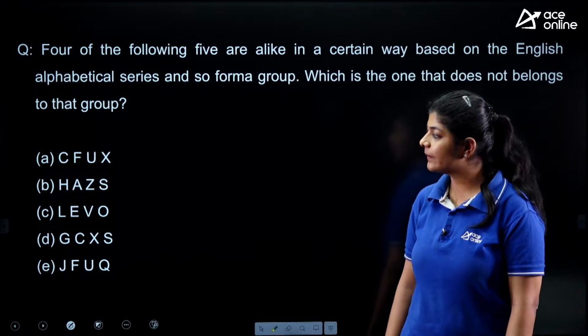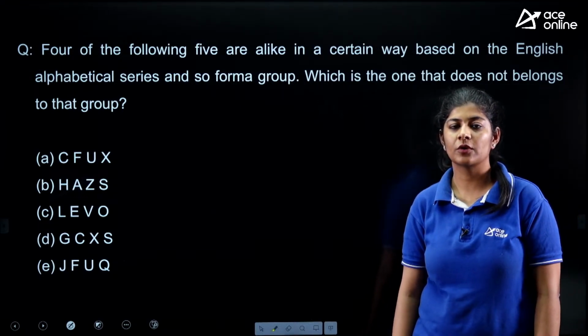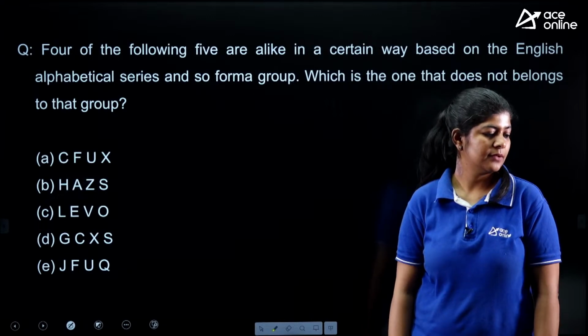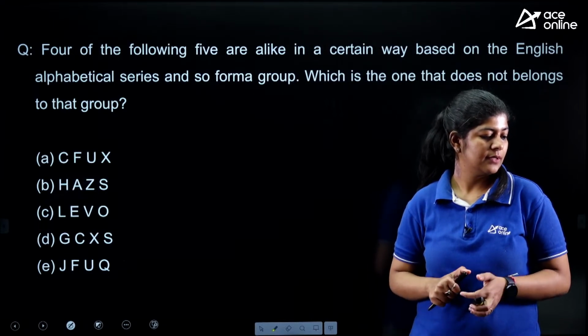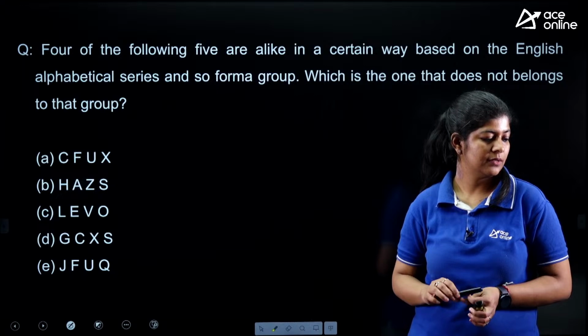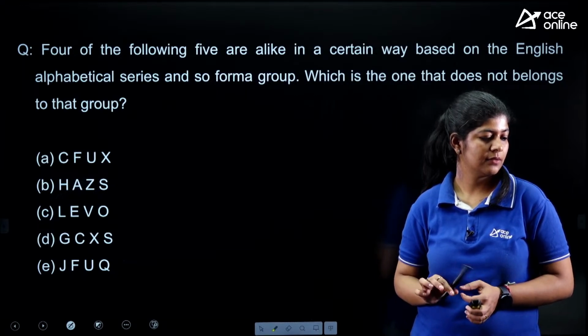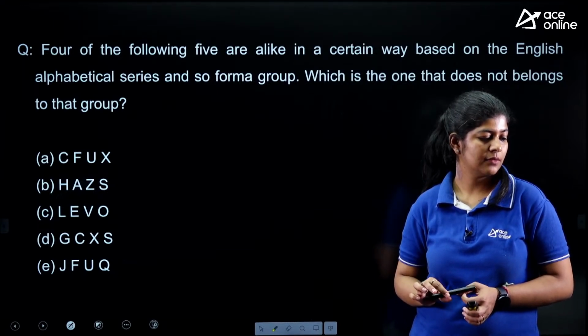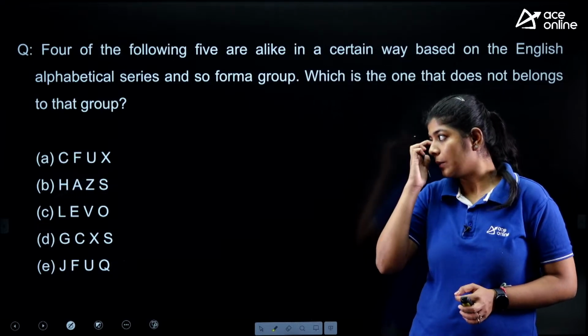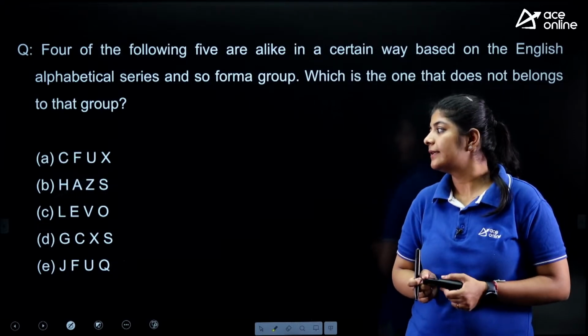This is a very simple one. If you see the alphabets carefully, you will get to know the pattern. What is the correct answer over here?